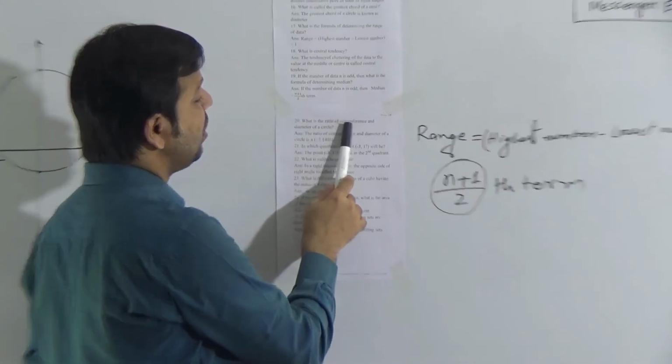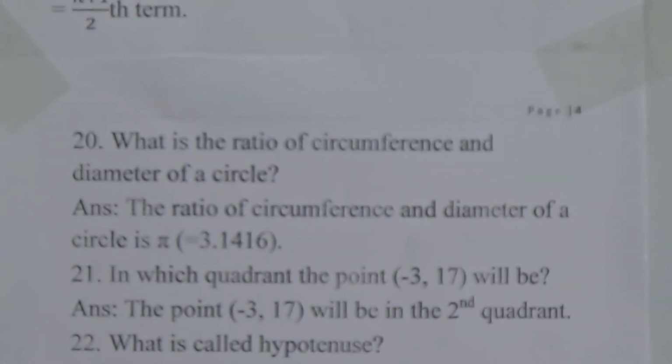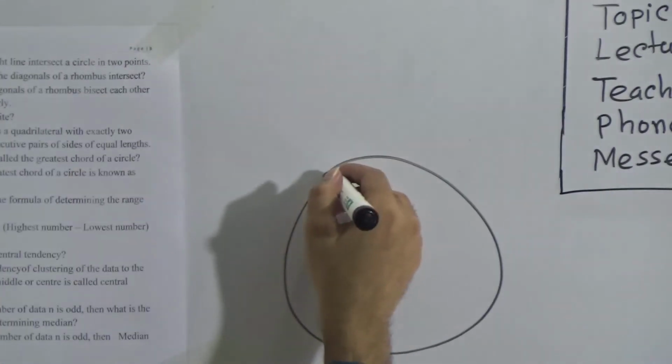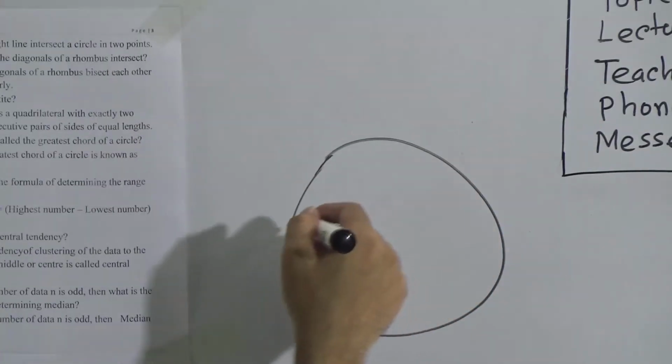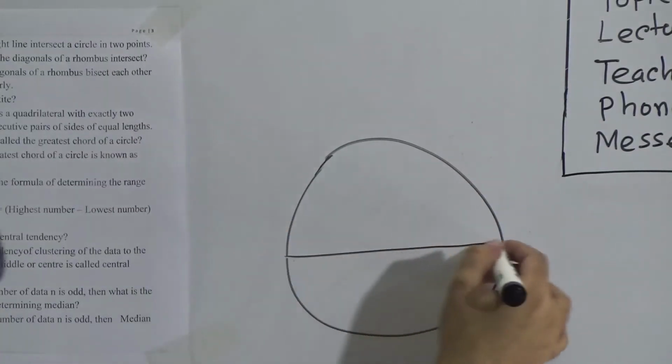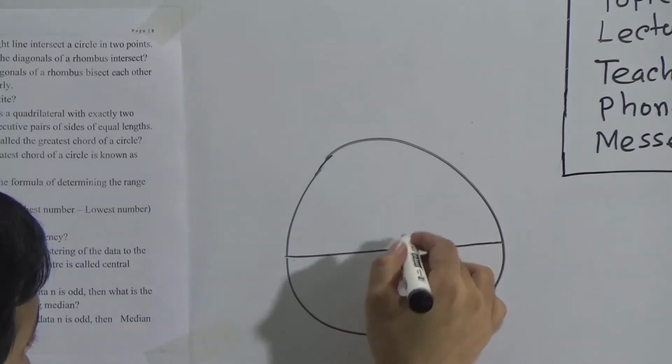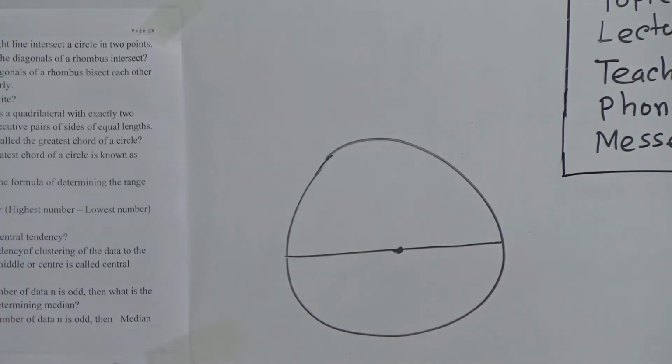What is the ratio of circumference and diameter of a circle? Dear students, you know, circumference of a circle means the length of this curved line, and diameter means the chord passing through the center.